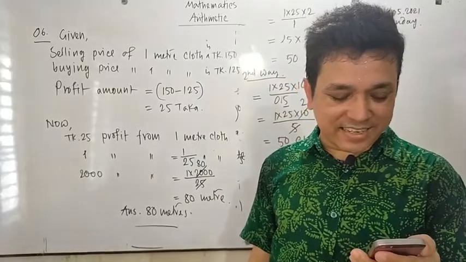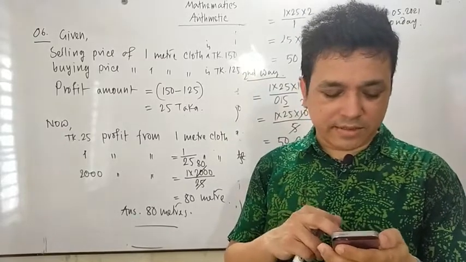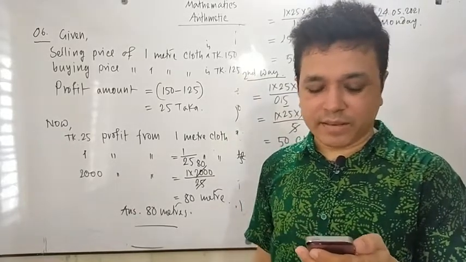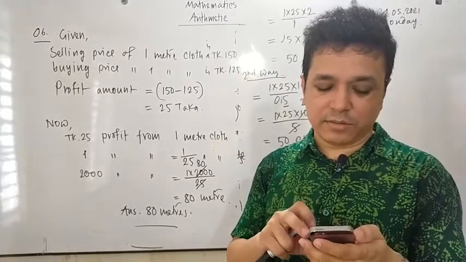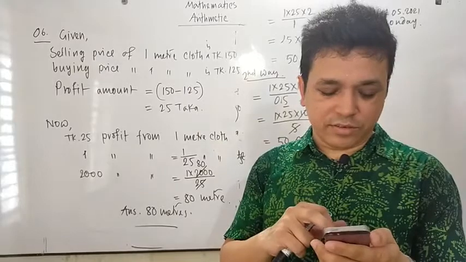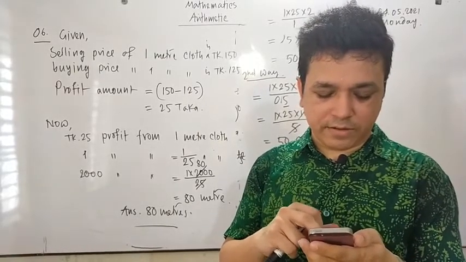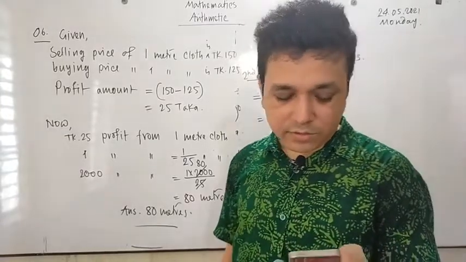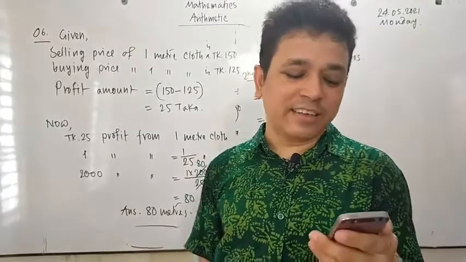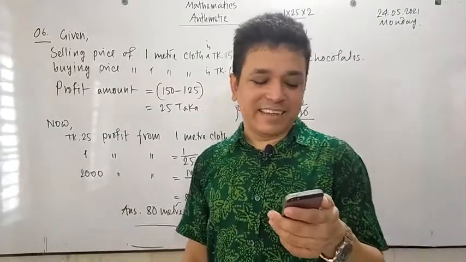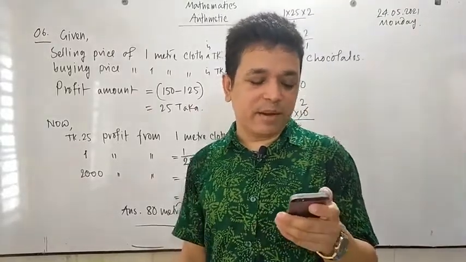Some of you say you didn't get the result. I think there is some problem. Very good, thank you so much. When I am going to start the next problem, Muhammad Ibrahim from my section 7B1, you are telling me you don't understand.